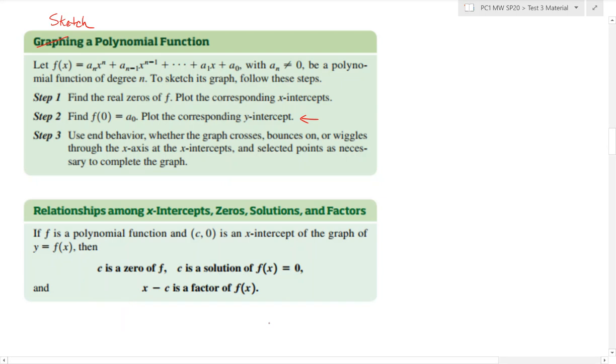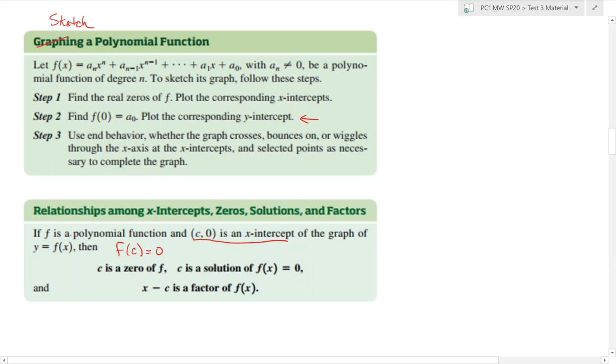Relationships among x-intercepts, zeros, solutions, and factors. So this is all vocabulary that you will need to know and use correctly. If you have an x-intercept of the graph that is (c, 0), you know that's an x-intercept because the y is 0. Then that means that c is a 0 of f, because f of c equals 0, giving you the point (c, 0). c is also a solution of f of x equals 0.